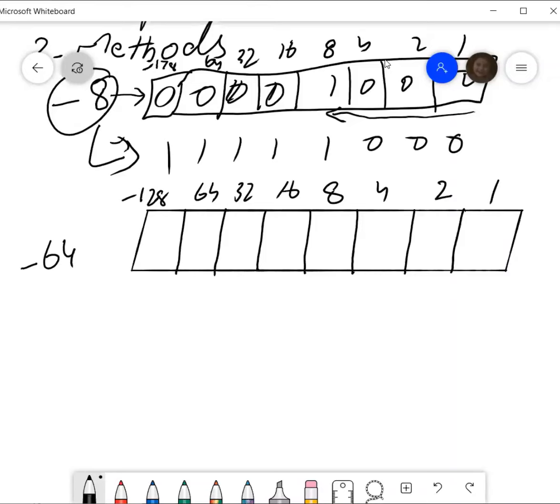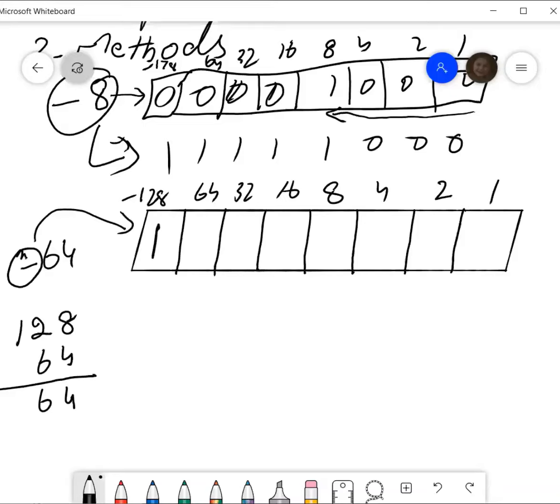How to do it? First of all, subtract 64 out of 128. What do you get? You get 64.